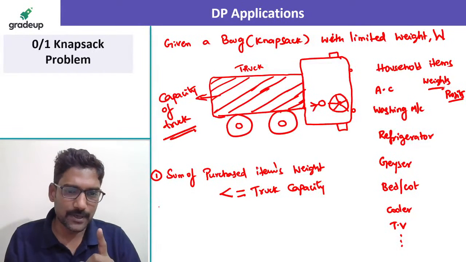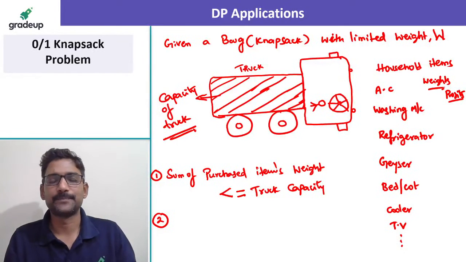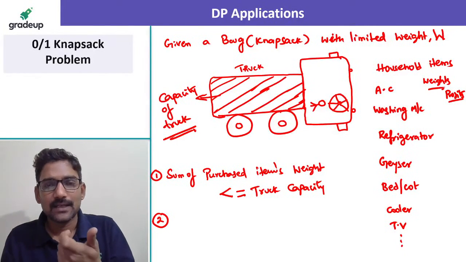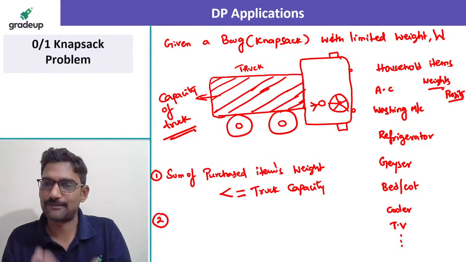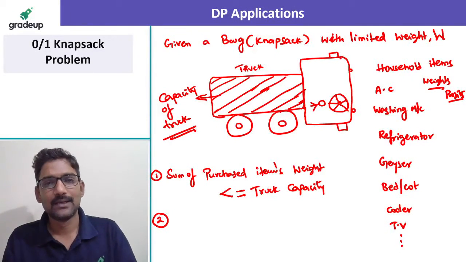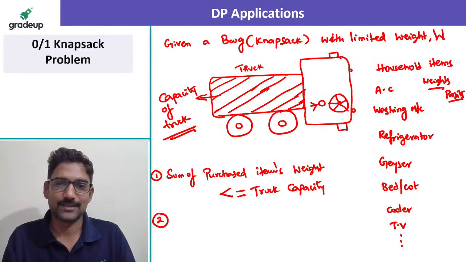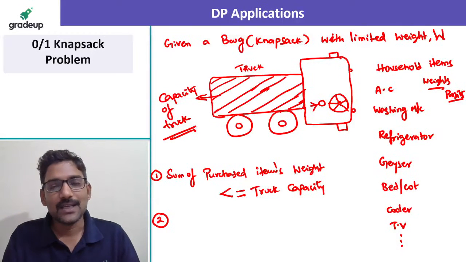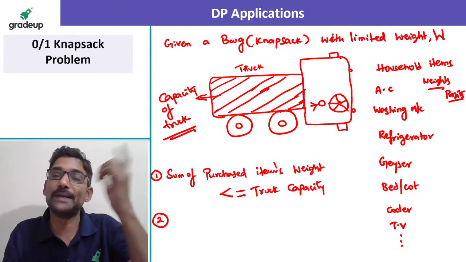And the second point, why we are calling it 0-1 knapsack, guys: if you want to purchase any AC or washing machine or refrigerator or geyser or anything, you either purchase or do not purchase. Only two options. Is it possible to split the AC? I am not telling split AC.